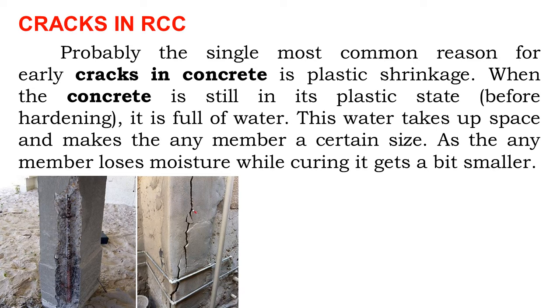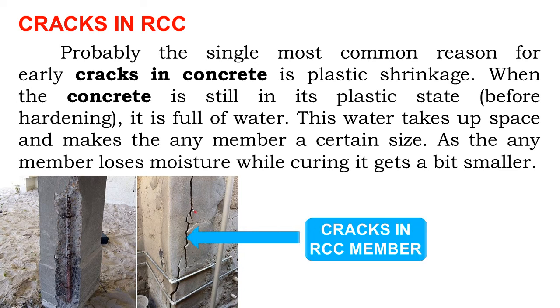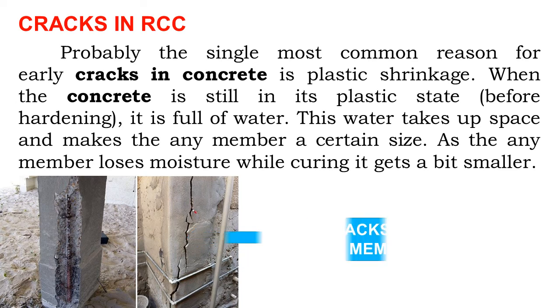Any RCC member we are casting is made by pouring this material, that is concrete. As the member loses moisture while curing, it gets a bit smaller. Due to this phenomenon, cracking is going to happen in this location, and that's why you can see in this picture the cracks developing like this.